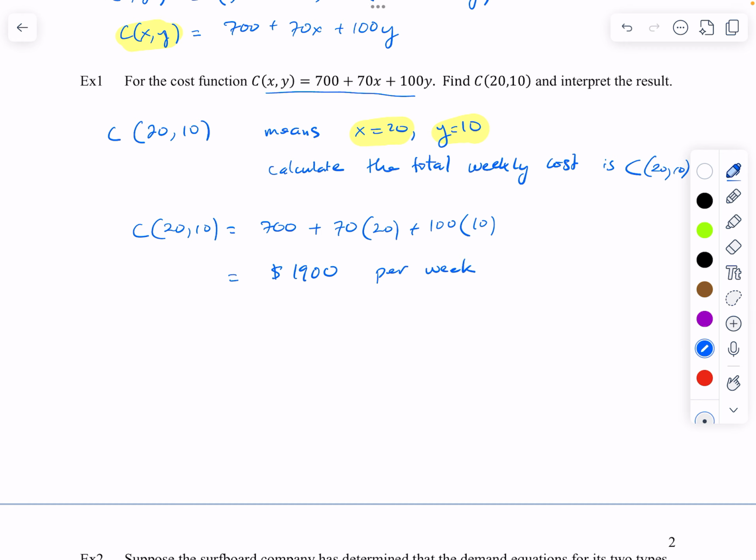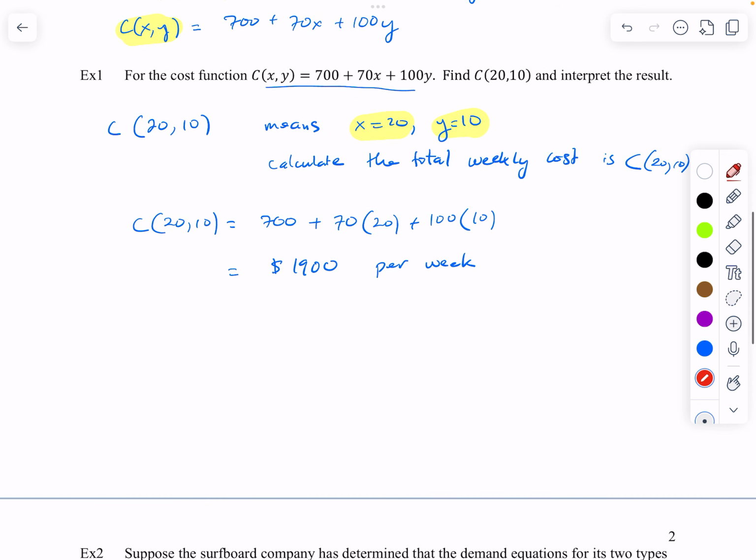So if the company decides to produce 20 standard boards and 10 high performance competition boards, then the total cost for that company is going to be $1,900 per week. That's what it's saying.